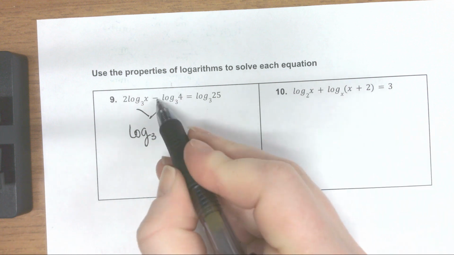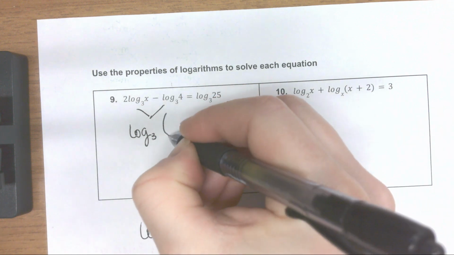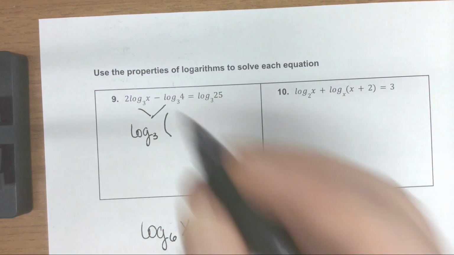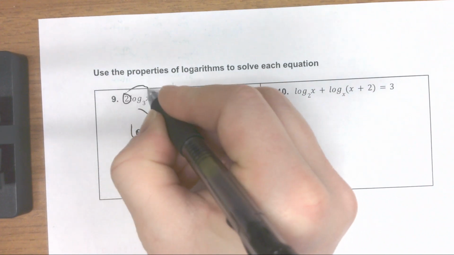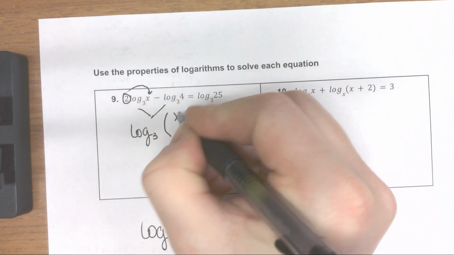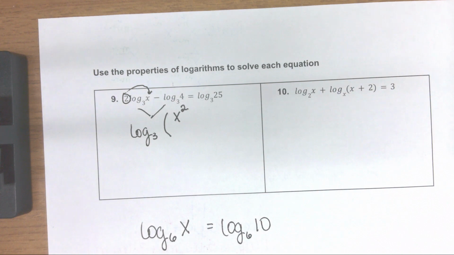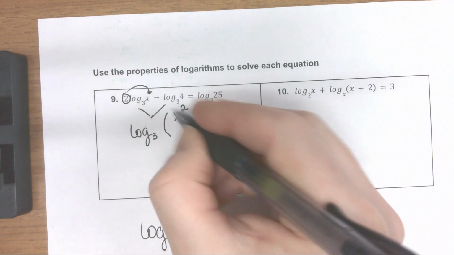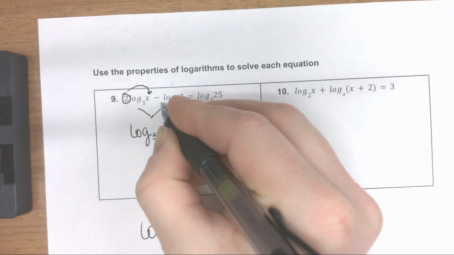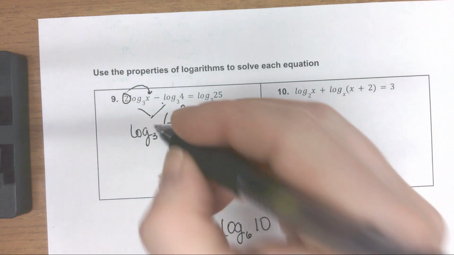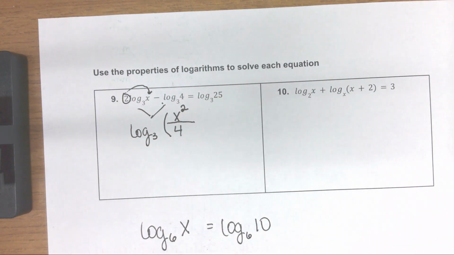This is subtraction, so hopefully you wrote that as a quotient or division. And this 2 used to be there. So on the top of my fraction, do you have an x squared? Good. And then divided by, there's no exponent in front of that one, so that would just be a 4 on that side. Are we good?